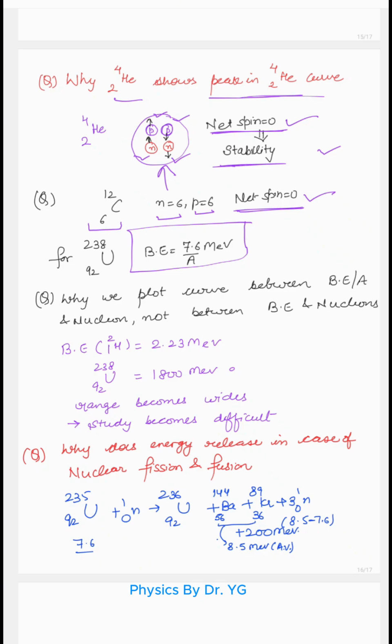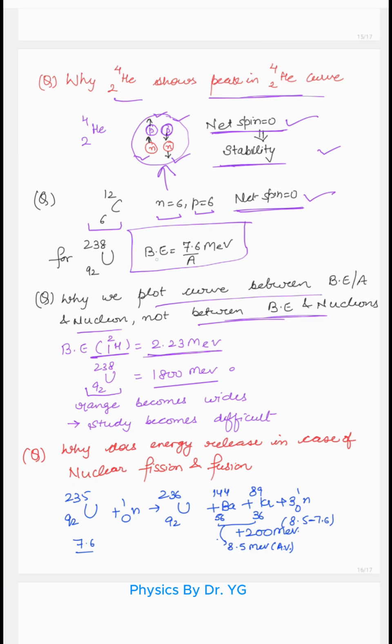Now next question: why are we plotting the curve between binding energy per nucleon, not between binding energy and number of nucleons? If we just calculate the binding energy for deuteron, it is 2.23 MeV, and for uranium it is 1800 MeV.